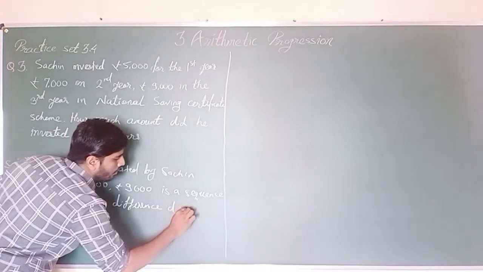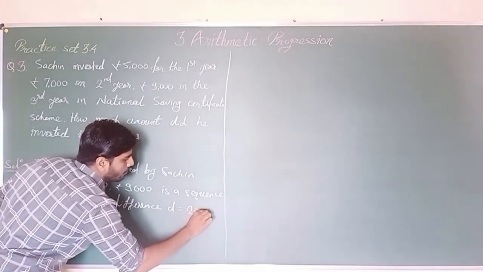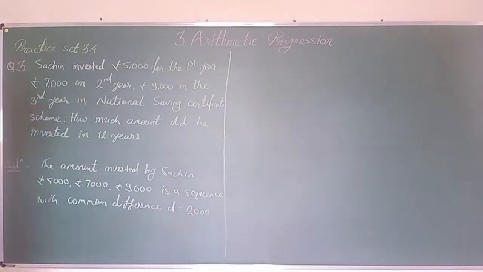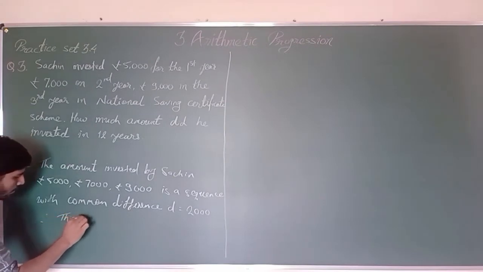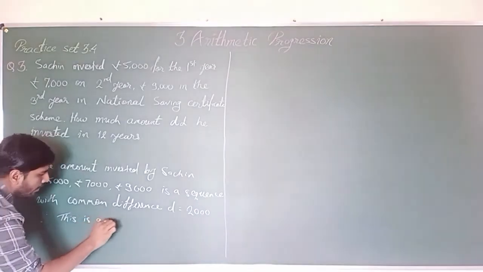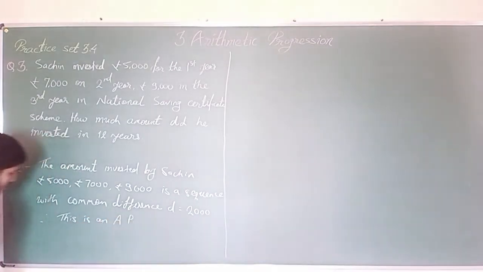D is 2,000. Therefore, this is an arithmetic progression.